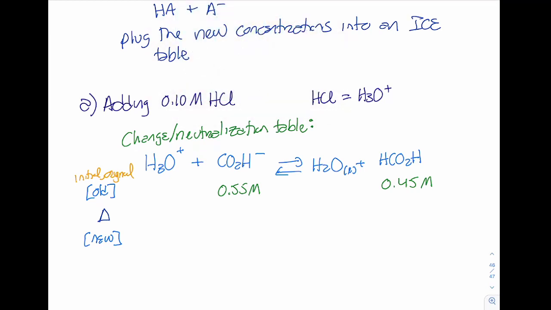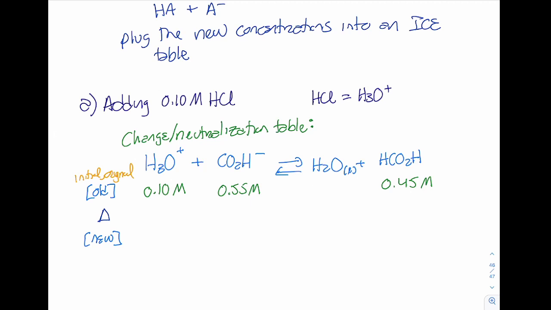The others are aqueous. And then my initial or original or old, whatever you want to call it, concentration of acid, right, is coming from right here, right? Every little bit of hydrochloric acid is H3O plus and Cl minus. So if I have 0.1 molar HCl, I have 0.1 molar acid.